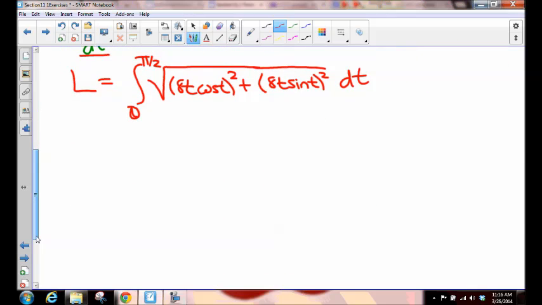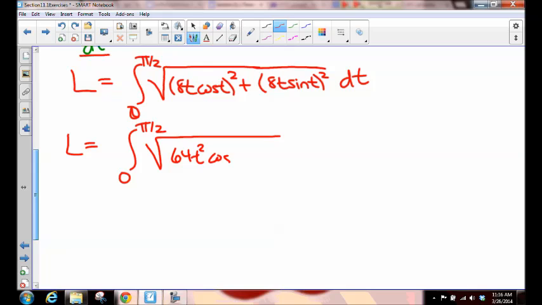And we want to continue by evaluating those squareds. So we're going to have the integral from 0 to pi over 2 of the square root of 64t squared times cosine squared t plus 64t squared times sine squared t, all times dt.